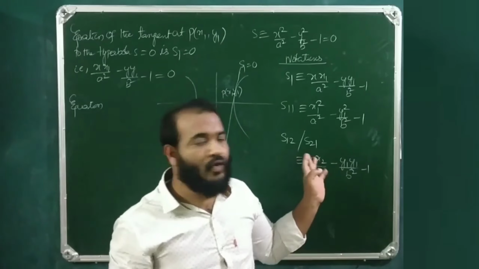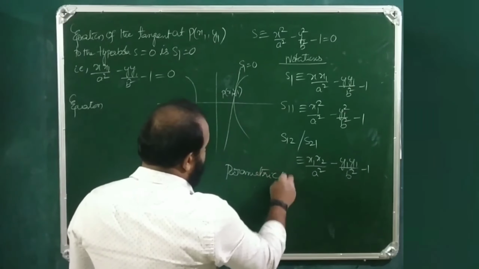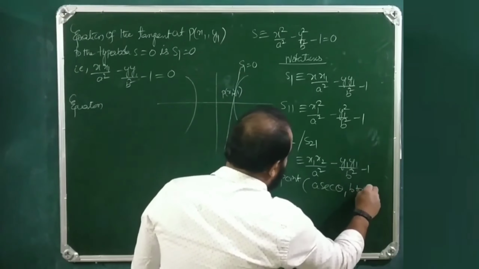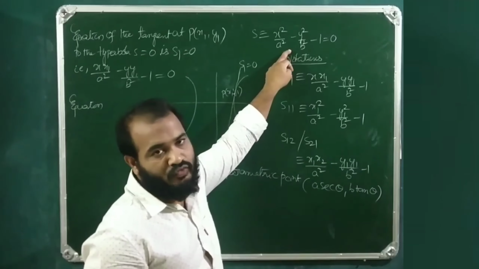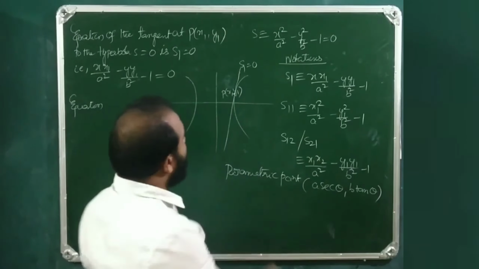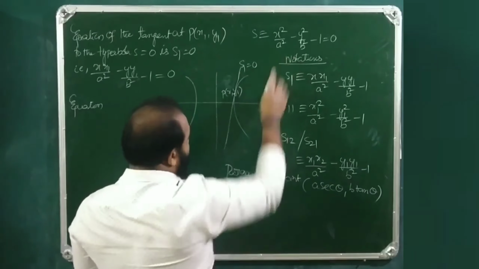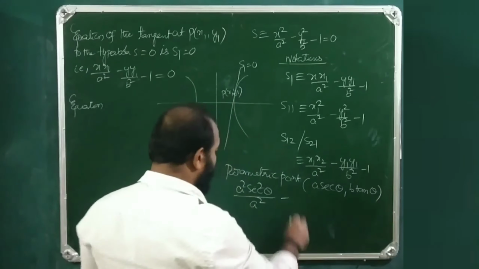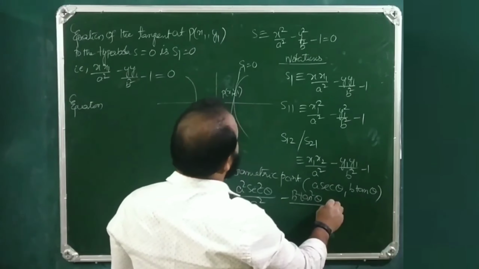But here the parametric point is (a secant theta, b tan theta), because on substituting this point, it will be satisfied. Substitute a secant theta in the place of x, so a square secant square theta by a square, minus, in the place of y substitute b tan theta, so b square tan square theta by b square.